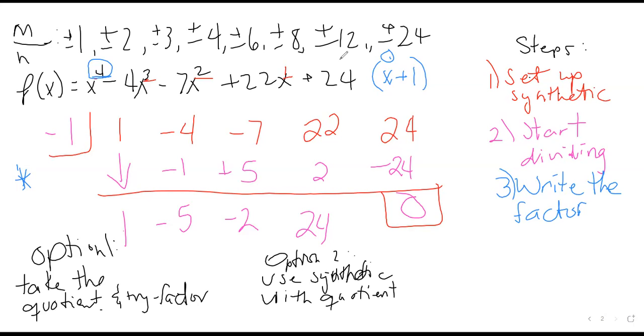So what do these options mean? The first one says, I can take this quotient, write it as a new function, and try to factor it that way. However, if it does not factor, I'm gonna have to go with option 2 either way. So it's really, do I wanna add an extra step or just try the synthetic division?